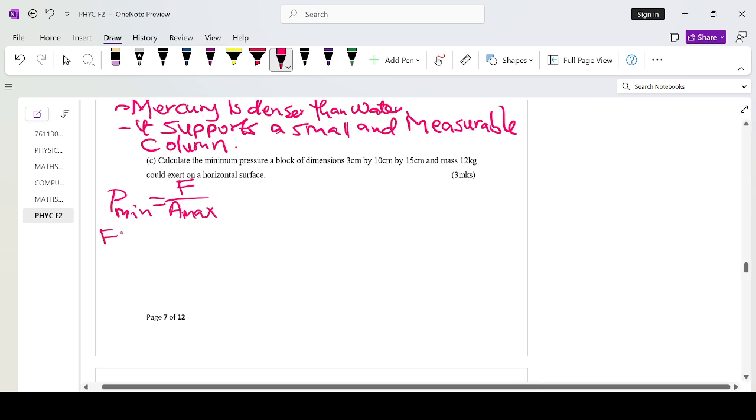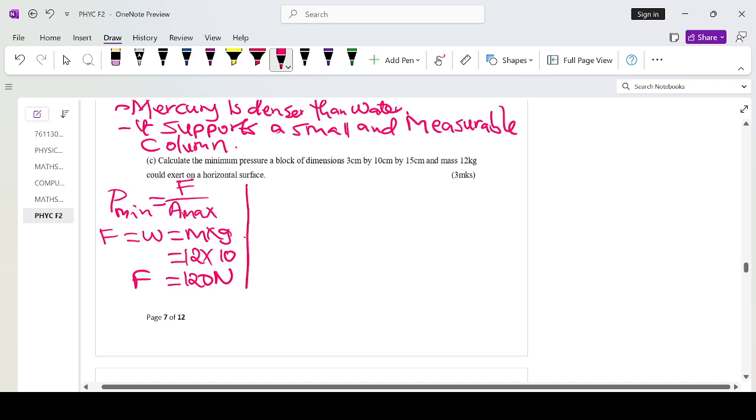Force is the same as weight, which is given by mass times gravity. My mass is 12 kg times the gravitational force, which is 10. So I'm getting my force, which is the same as weight, as 120 newtons.